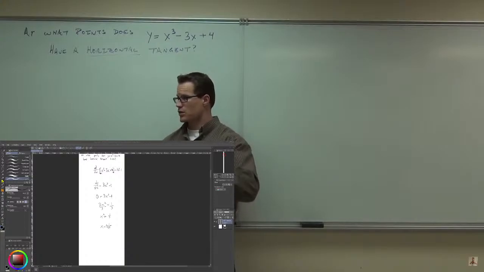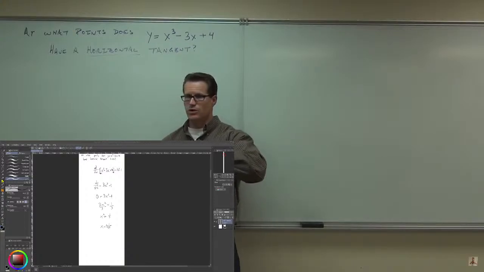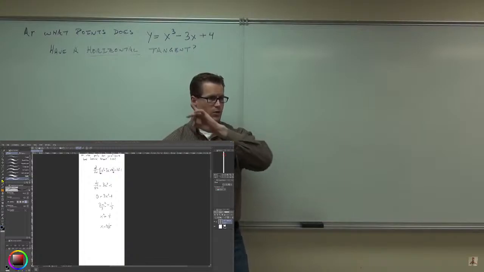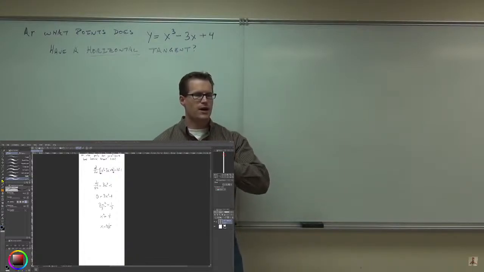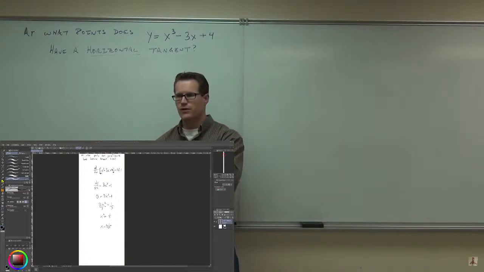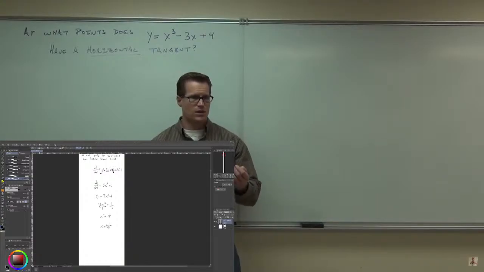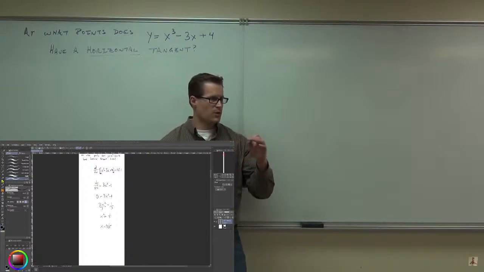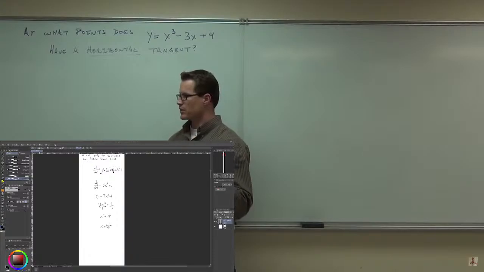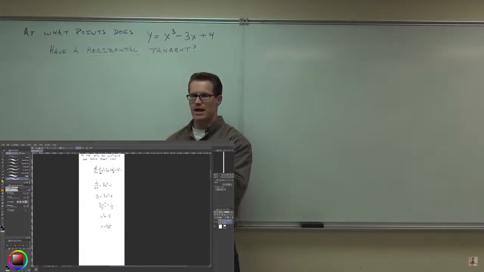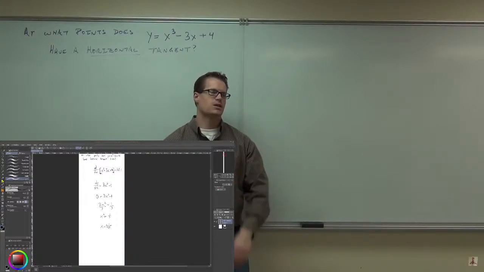Slope would be 0 for a horizontal line, true? So if we were trying to look for lines that are horizontal to our original function, how do you find the slope of the original function? A derivative would give you slope. Yeah, absolutely. So if we found the derivative of our original function, and we found out where that was equal to a slope of 0, then we're going to be able to find the points where we have a horizontal tangent line. Here's how you would do that.